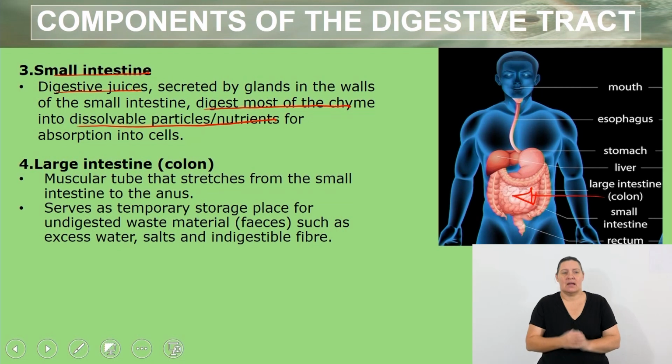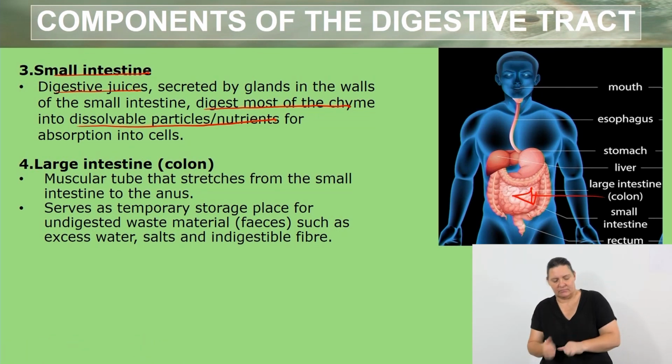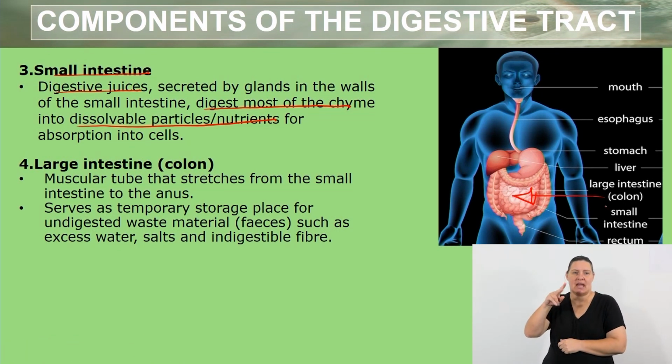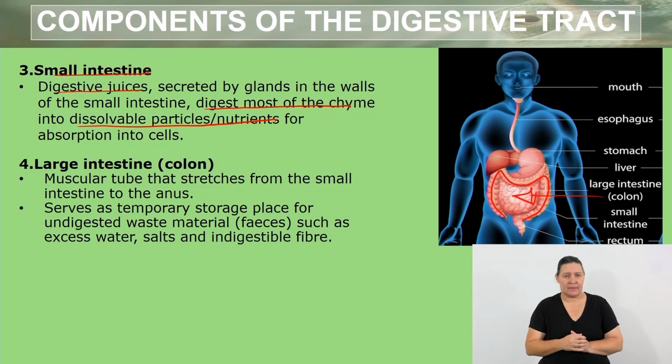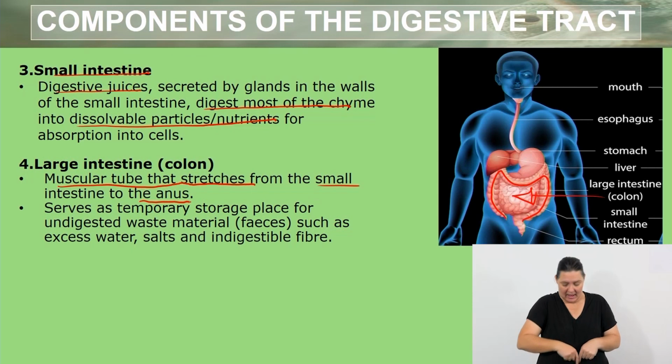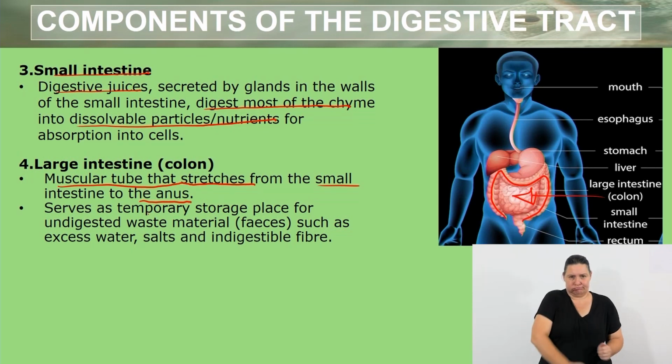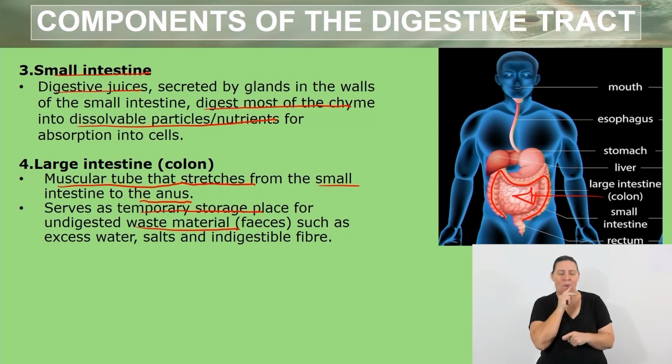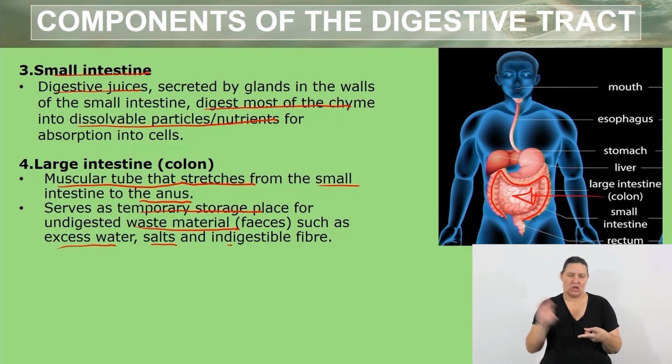Right. And then from there, we are moving on to the large intestines, which is also our colon. This is where we are. So the muscular tube that stretches from the small intestine to the anus serves as a temporary storage place for undigested waste material, which we know as feces, such as excess water, salt, and indigestible fiber.